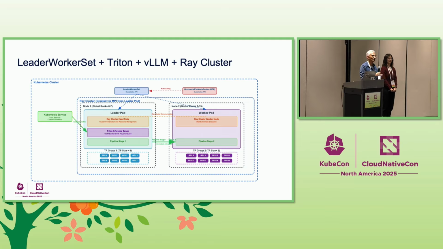So we arrived at the idea that if you have a Ray cluster already running on top of the LeaderWorkerSet, then whenever you use vLLM, which is already integrated with Ray, it's capable of automatically detecting that it's inside a Ray cluster, and it uses its distributed executor backend and makes use of that Ray cluster automatically.